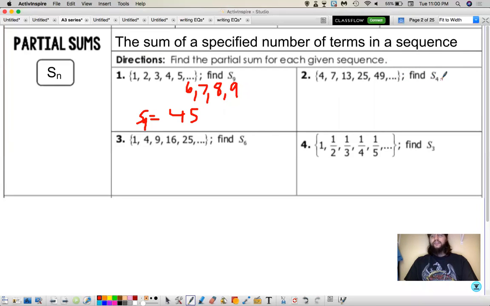Here it's asking for S of 4, so we need to take the first 4 terms.